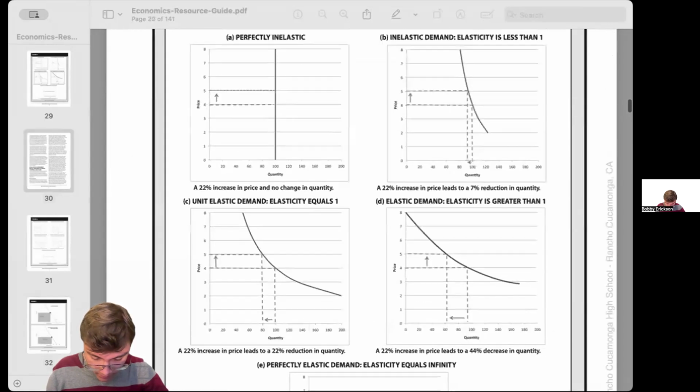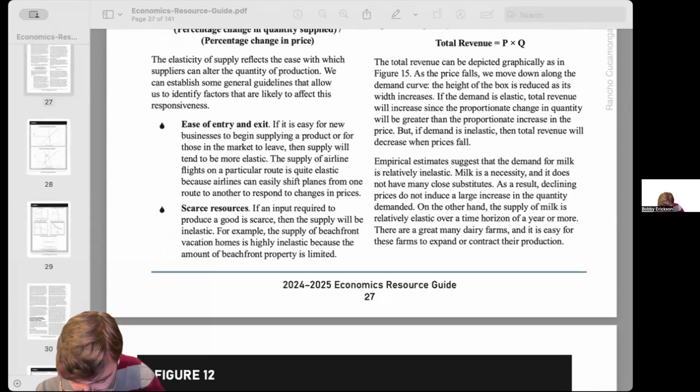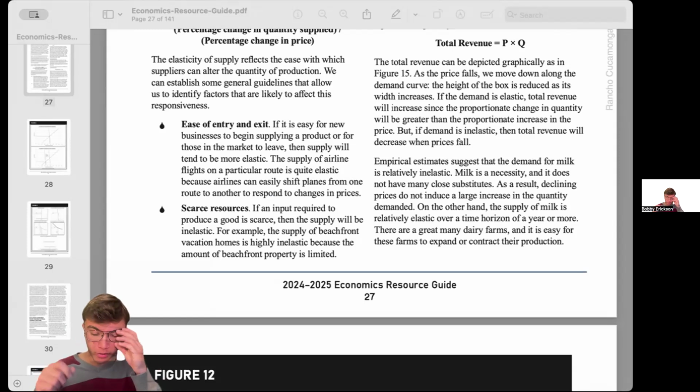And so if we go back up here, then we can see that if the demand is elastic, then the total revenue will increase as the price decreases. So if the price decreases and the demand is elastic, then the total revenue will increase.